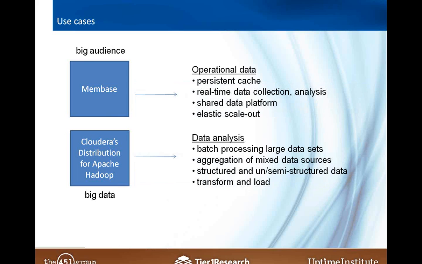So looking particularly at the use cases that we see for these technologies on the Membase side, some of the major use cases, although obviously there's more than this, are operating as a persistent cache for improved performance, providing real-time data collection and analysis, acting as a shared data platform, and enabling that elastic scale out to respond to changing demands.